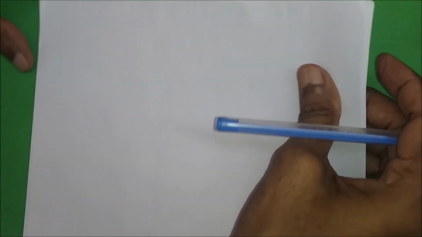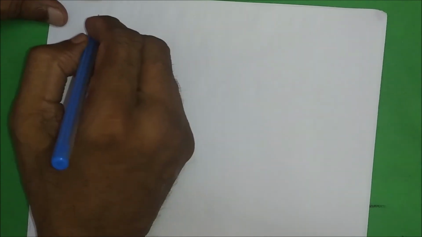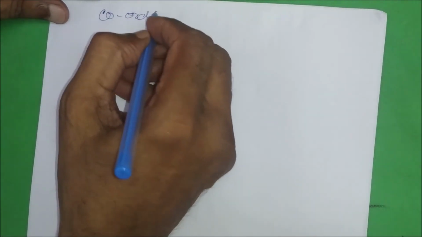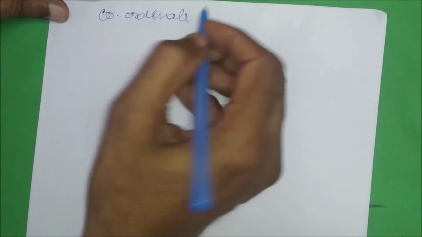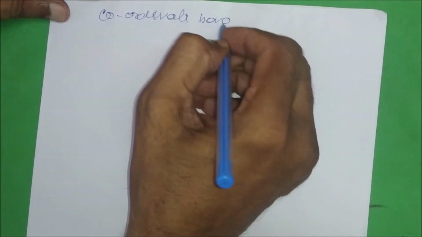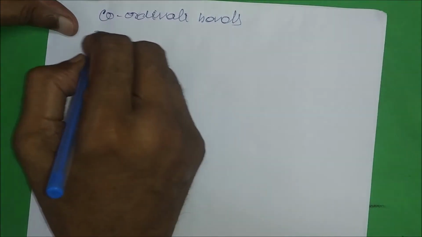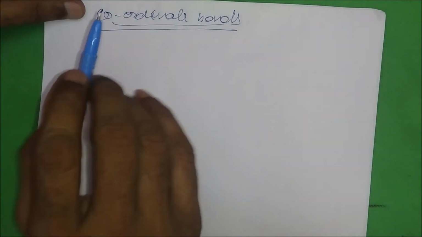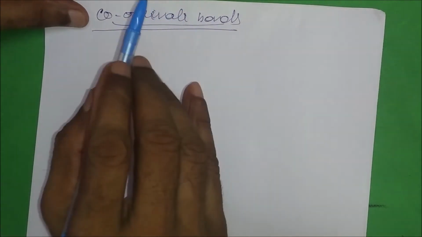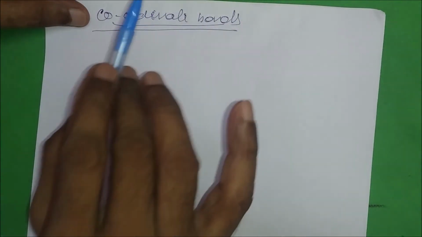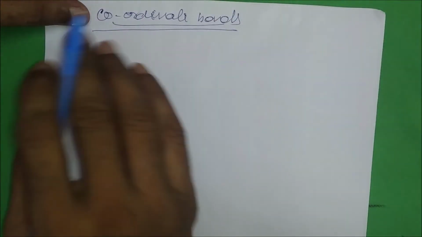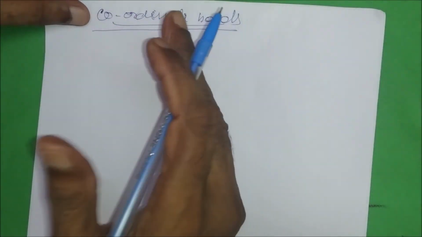I'm going to explain the coordinate bond. What are coordinate bonds? Try to understand. Coordinate bonds are formed when one atom shares its lone pair of electrons with another atom.